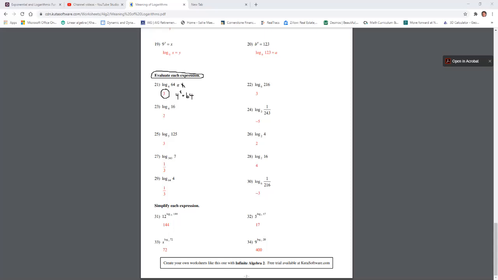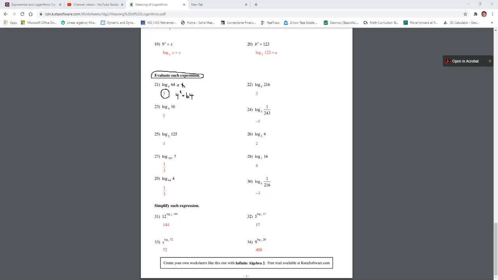You could take your calculator and you could type in log 64 and divide that by log 4, and you would get 3 again as well. So you could go through and do all of these as just calculator exercises. So again, pause the video and see if you can take the calculator out and convert all of these to the appropriate numbers.